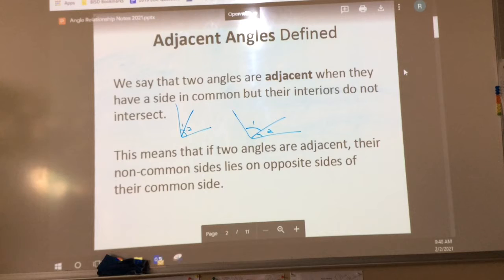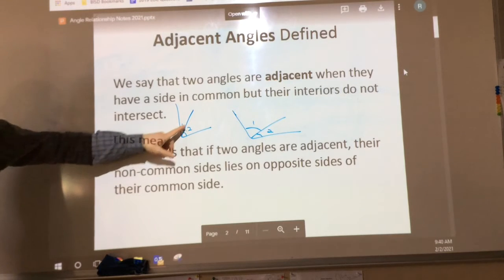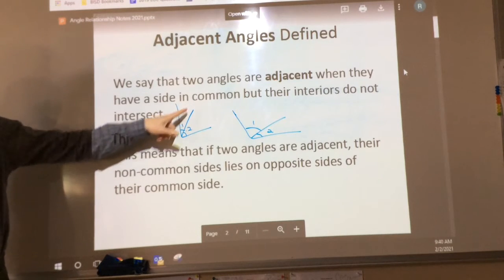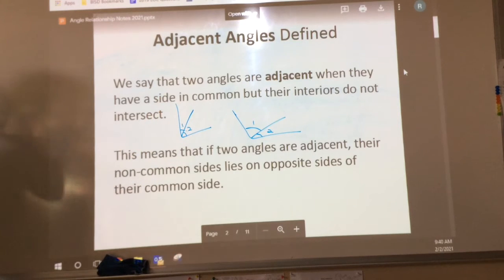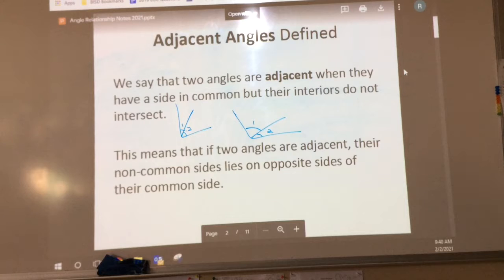So adjacent angles basically means they have one side in common, right? But they don't intersect each other. They don't cross each other like an X. One side in common, but they do not intersect each other. Adjacent angles.